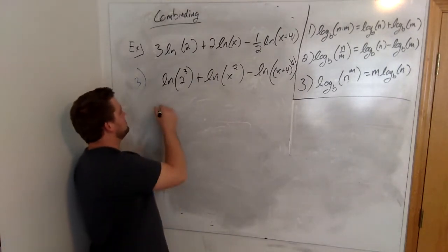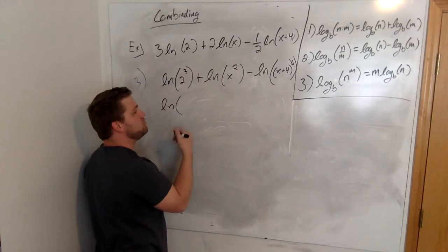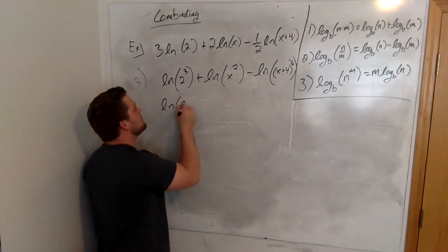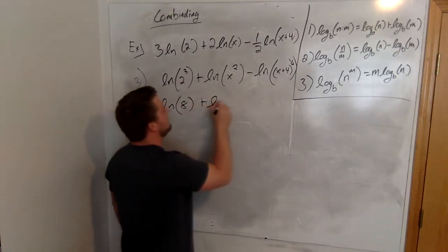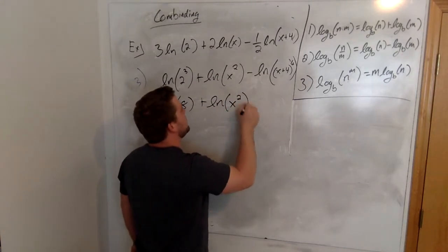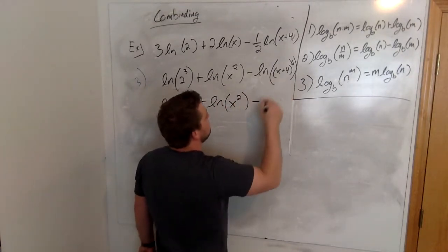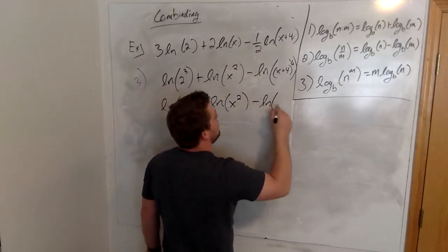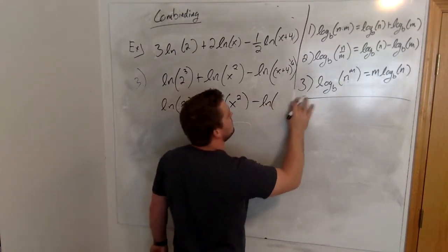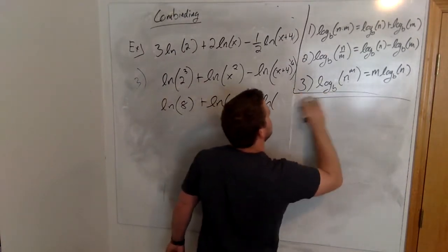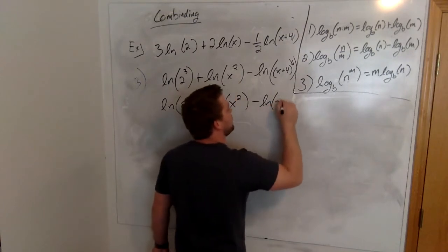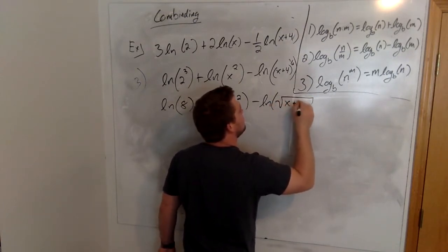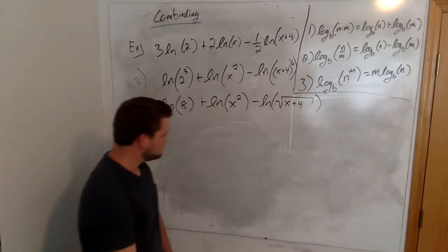So this is the same thing as the natural log of 2 cubed, which is 8, plus the natural log of x squared minus the natural log of the square root of x plus 4.